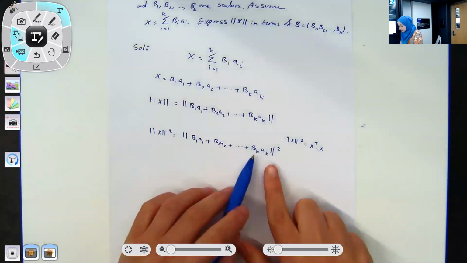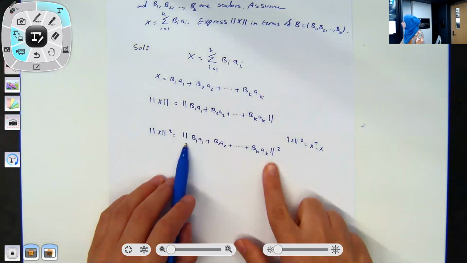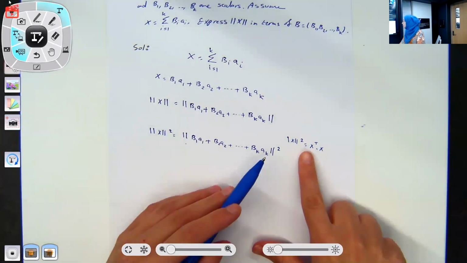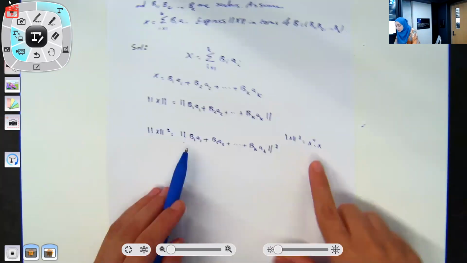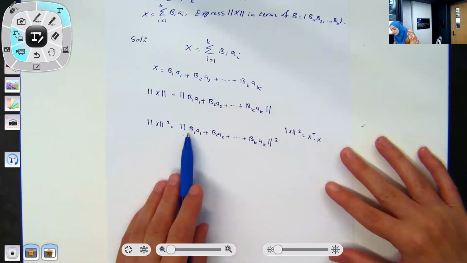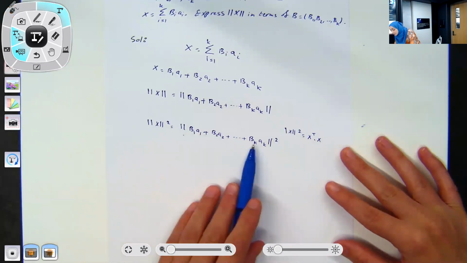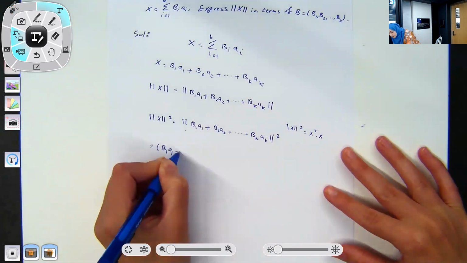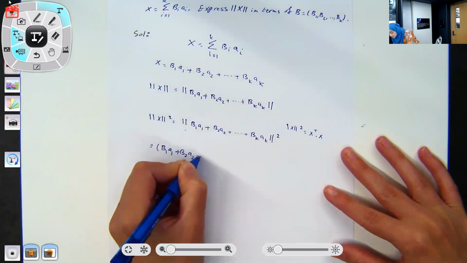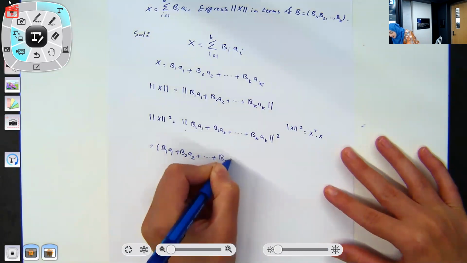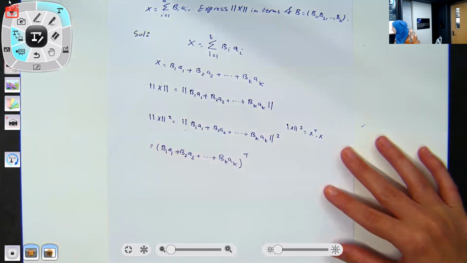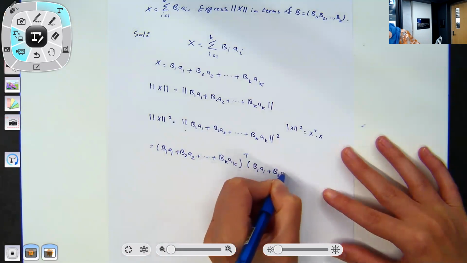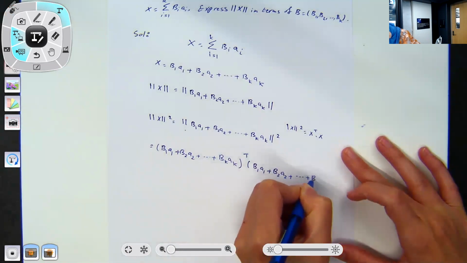Now we need to expand this. In general, the norm of X squared equals X transpose times X. So we can write it as B1 A1 plus B2 A2 up to BK AK, transpose, multiplied with B1 A1 plus B2 A2 up to BK AK.